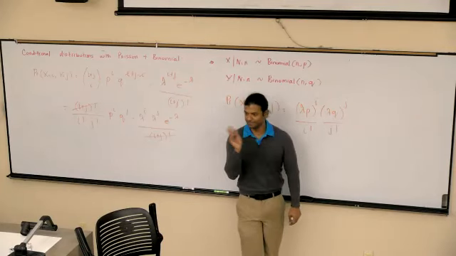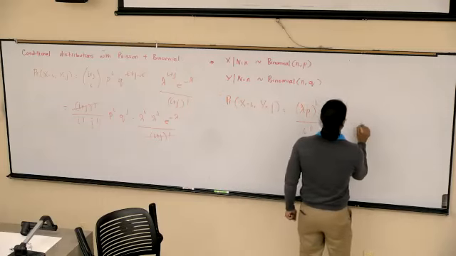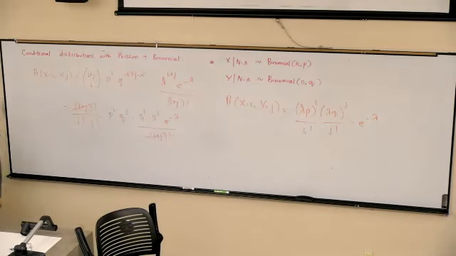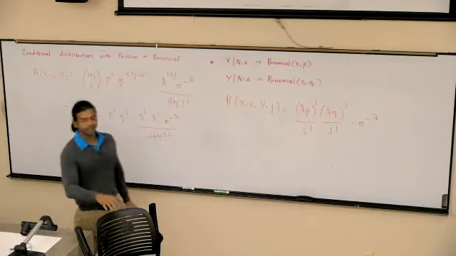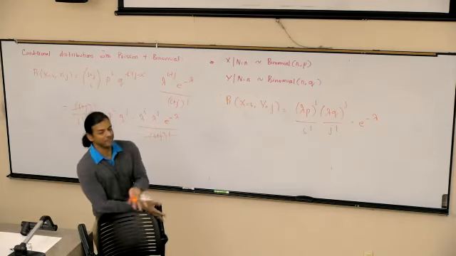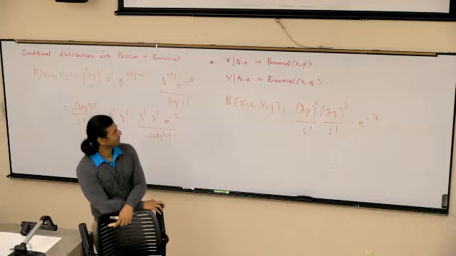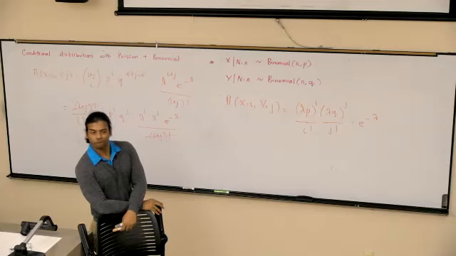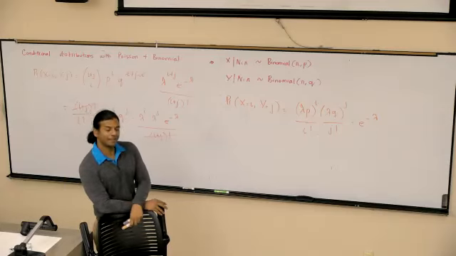Most of you got this far, very good. We're almost there, right? That should remind you of some distribution, at least part of it. Peter? It's a Poisson distribution. Now, what are we missing? We're missing e raised negative lambda. But is it truly e raised lambda though? Lambda p and lambda q.